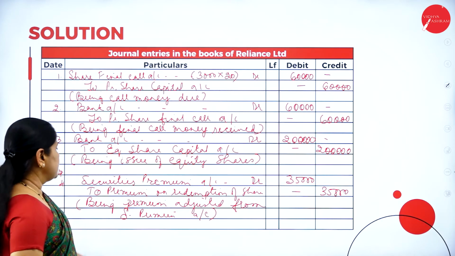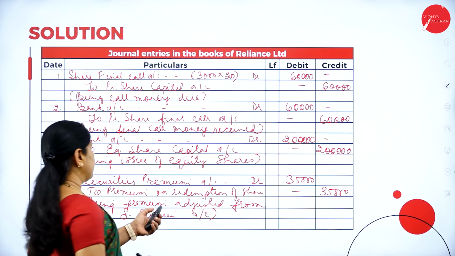So, I have adjusted the 35,000 from securities premium account.